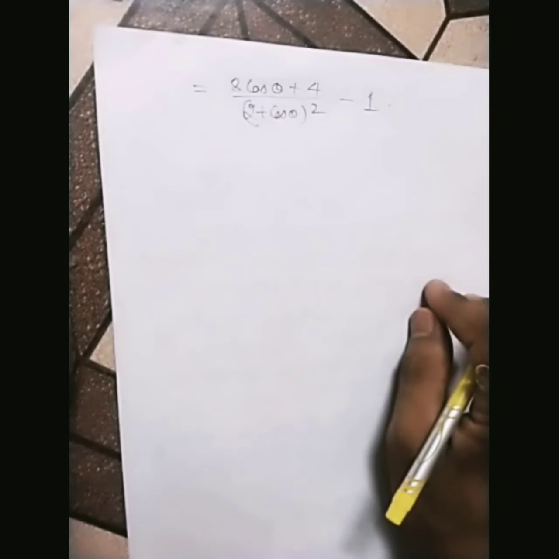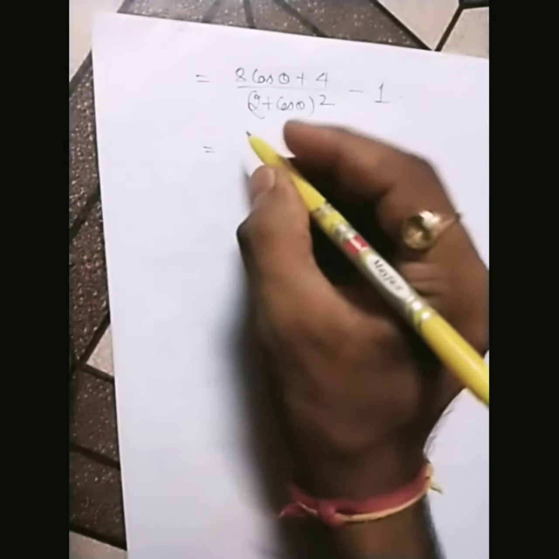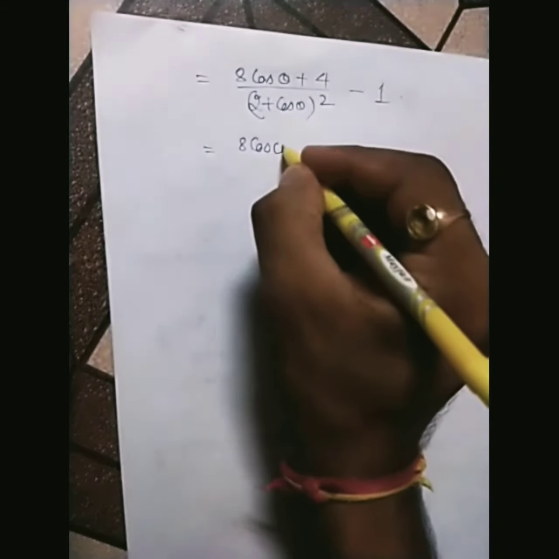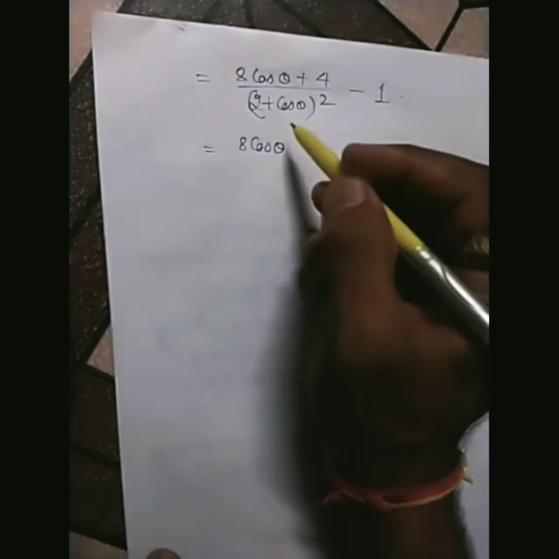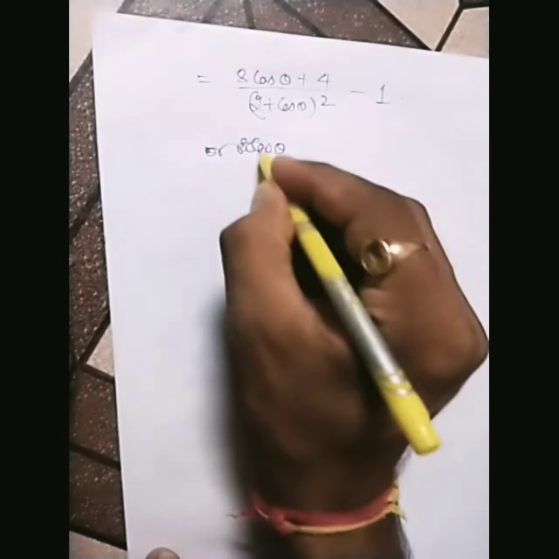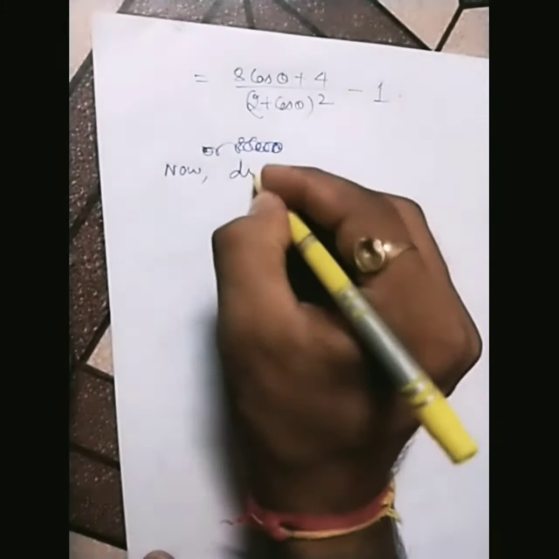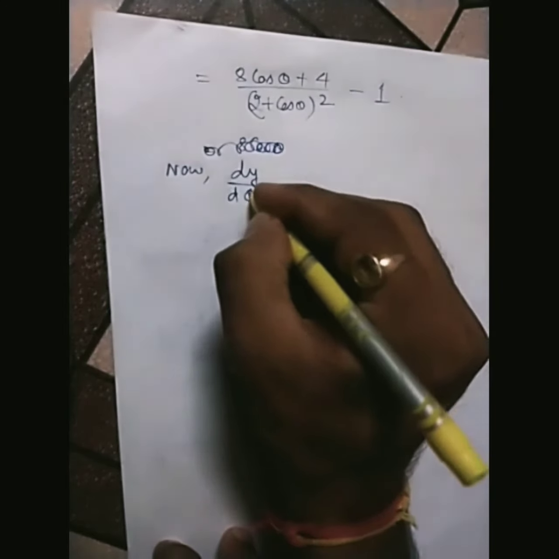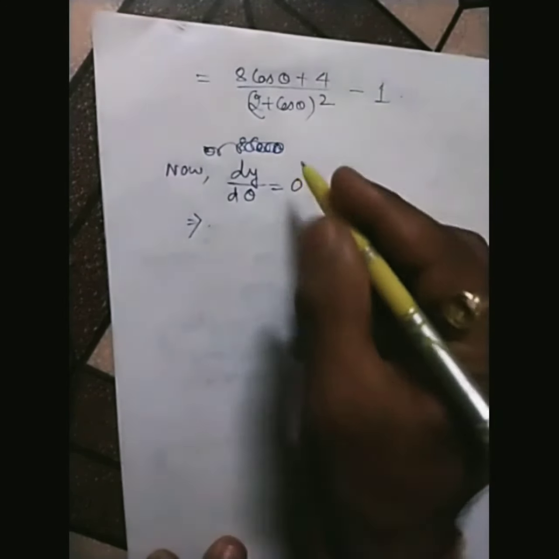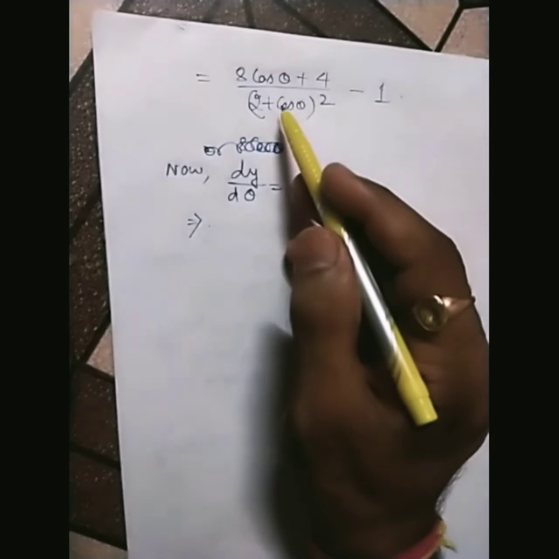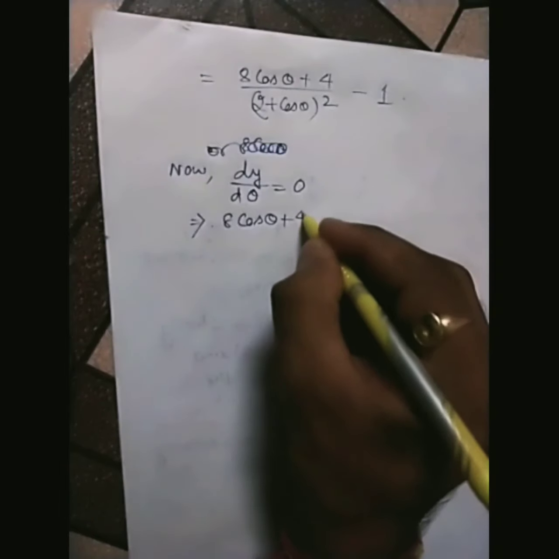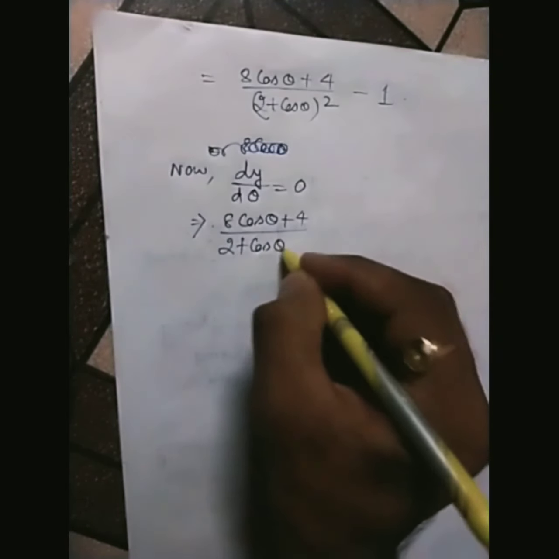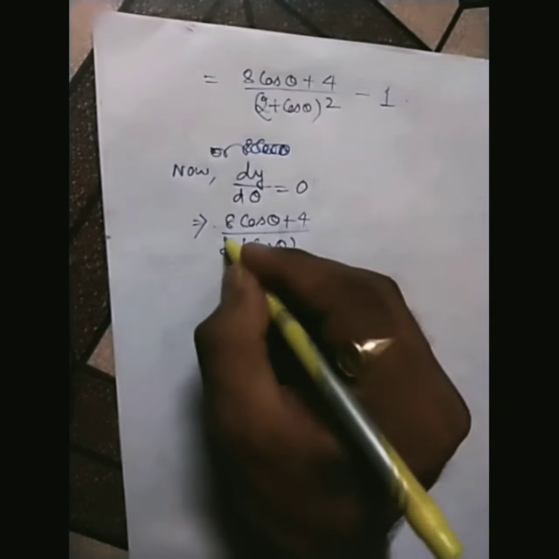This is equal to 8 cos theta plus 4 divided by 2 plus cos theta whole square, minus 1.